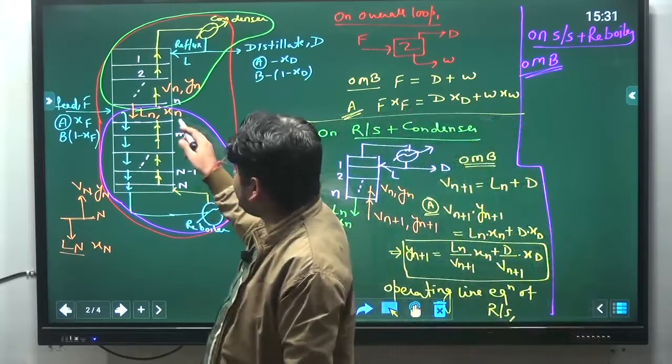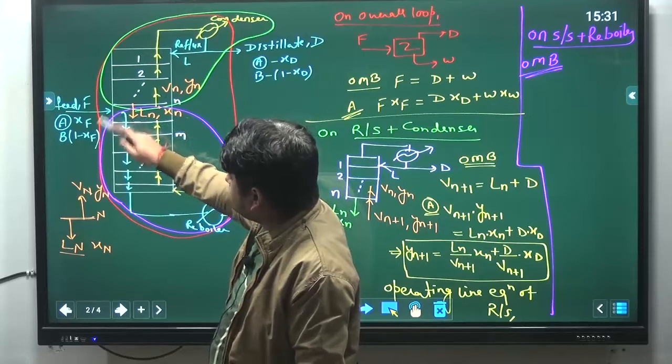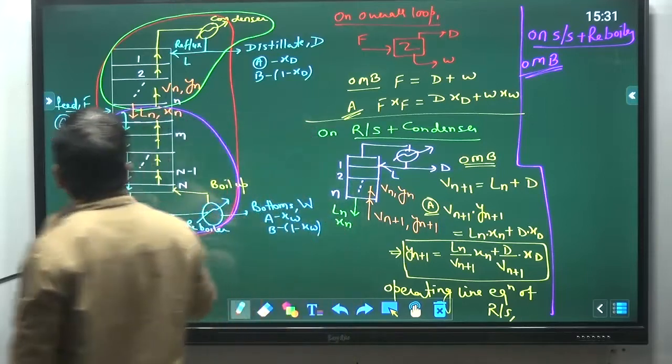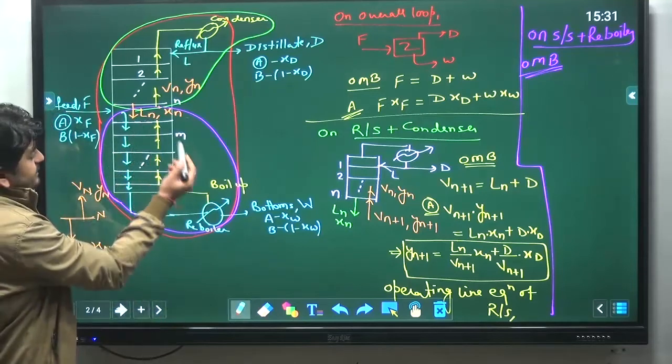For the stripping section, this liquid, this feed, here, let's say this is the mth plate.